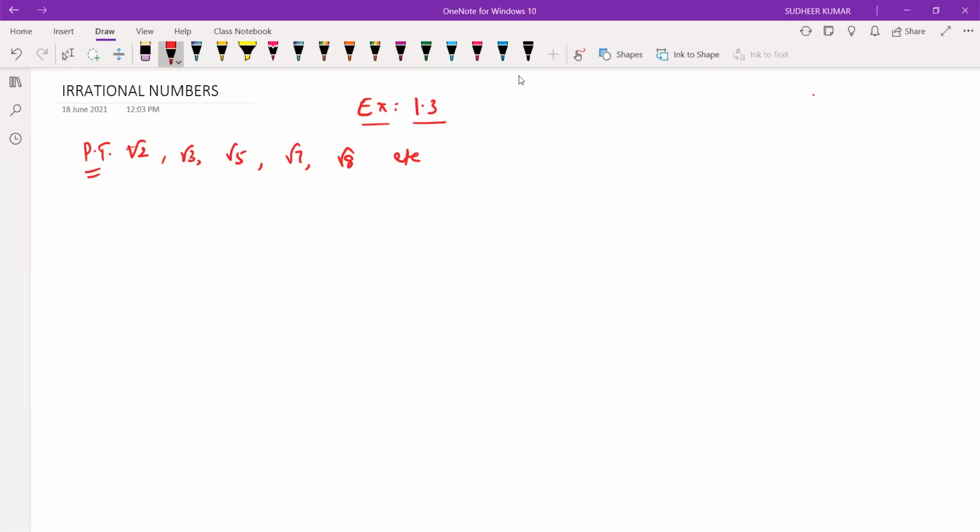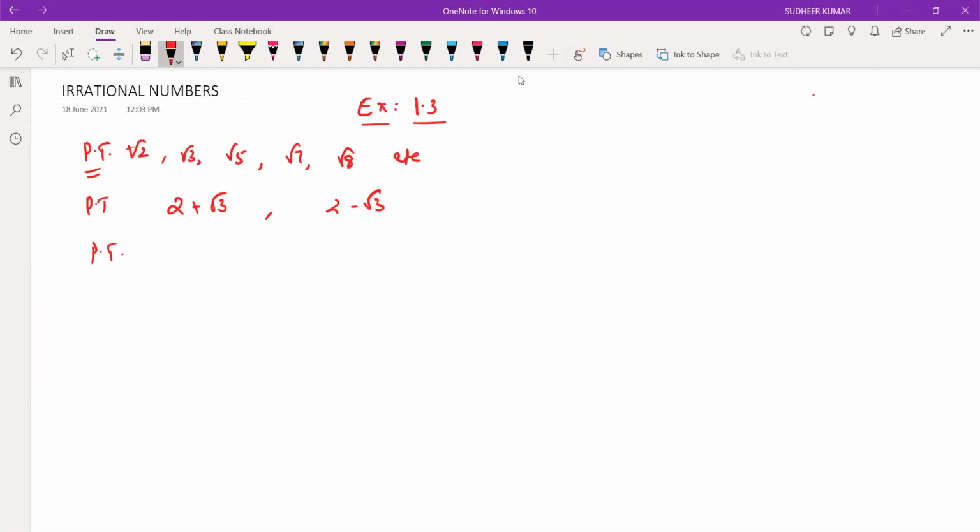This is one model. The next one is sum or difference of numbers proved as irrational. Prove that 2 plus root 3 or 2 minus root 3, these are irrational numbers.